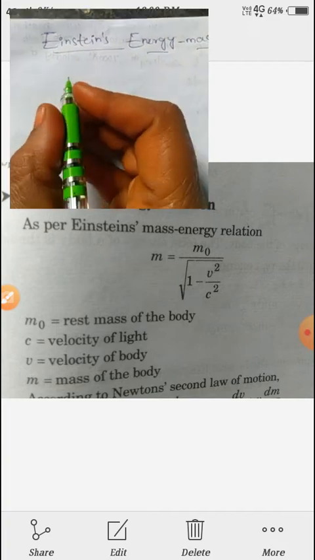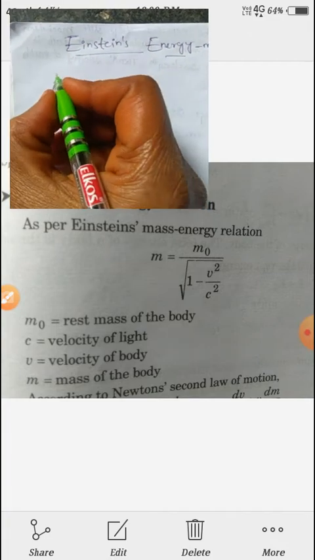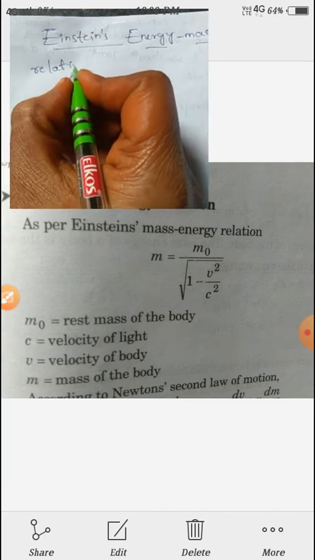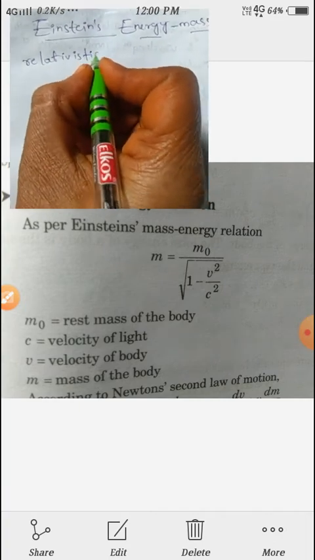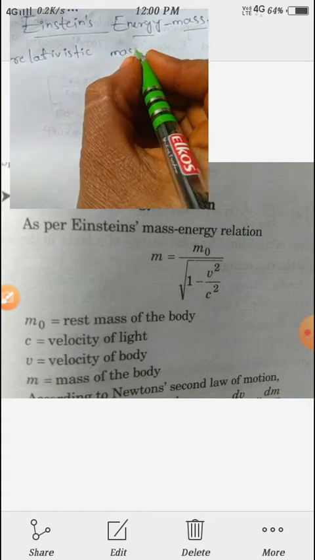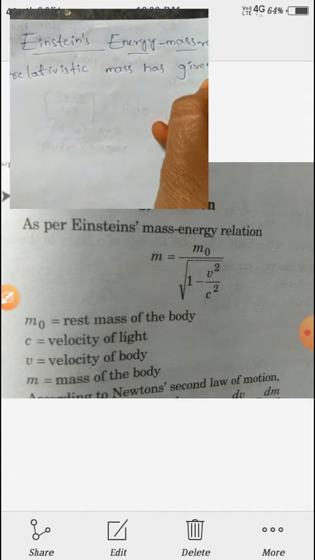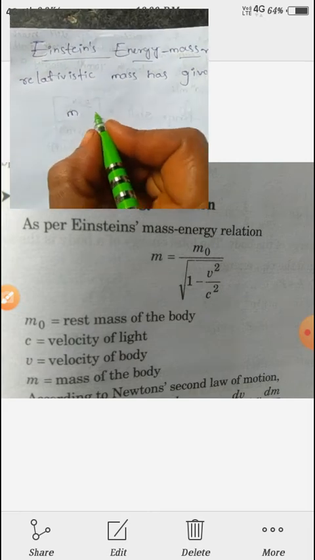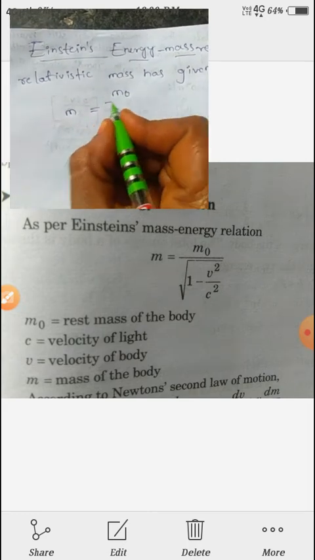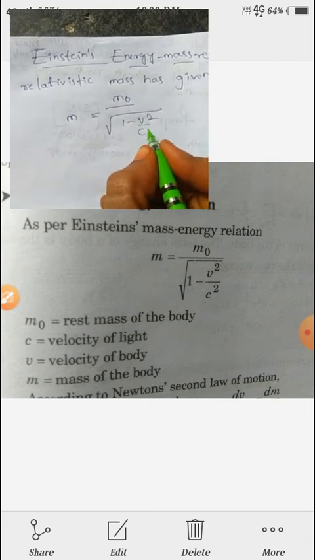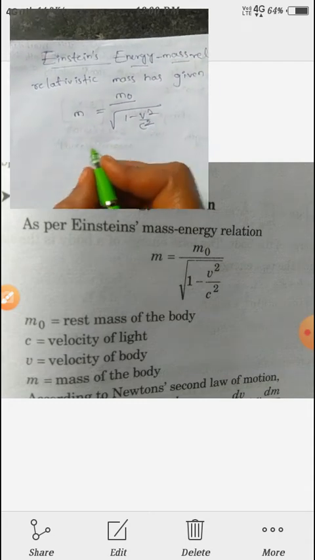The relativistic mass is given as m is equal to m naught by the root of 1 minus v square by c square.